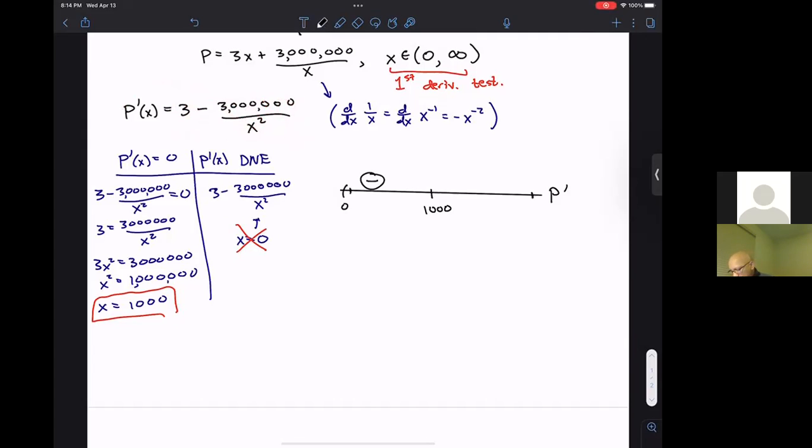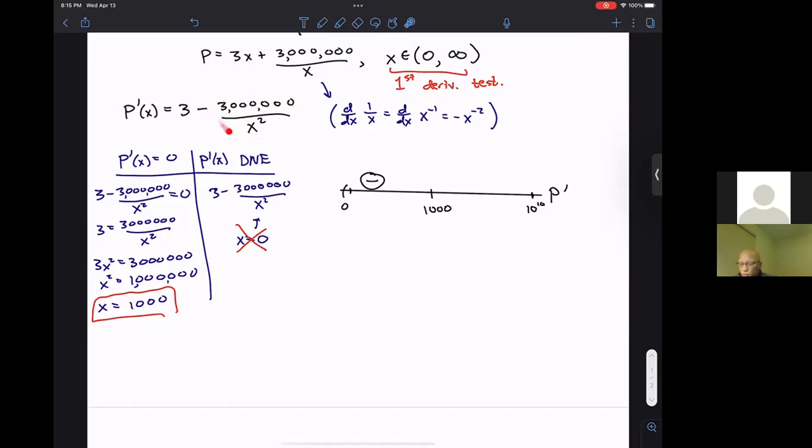And over here, if I plug in a number like 10 to the 10, I'm getting 3 minus 3 million divided by a humongously huge number, which makes this overall really tiny. You might say 3 million is really big, but I can make x even bigger.